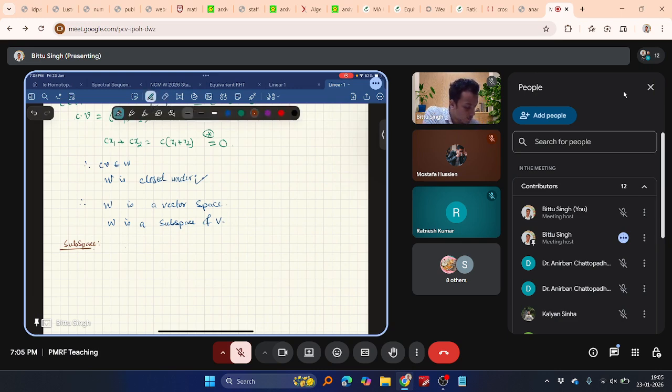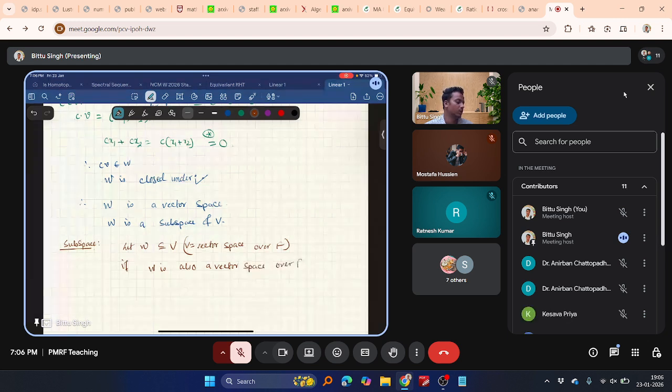Given a vector space V over F, let W be a subset of V. If W is also a vector space over F, then W is called a subspace.